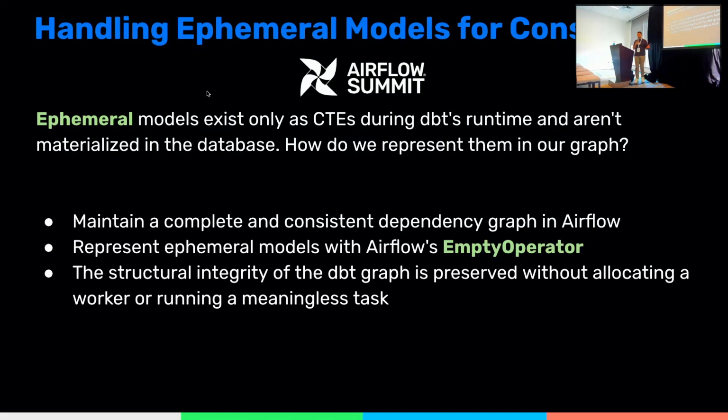But let's say you need this ephemeral model to appear on the graph, because it's very important to keep the consistency and to understand which is my upstream task and which is my downstream one.